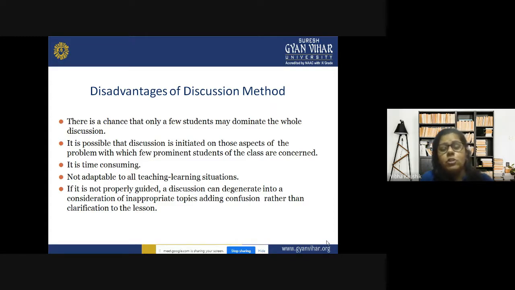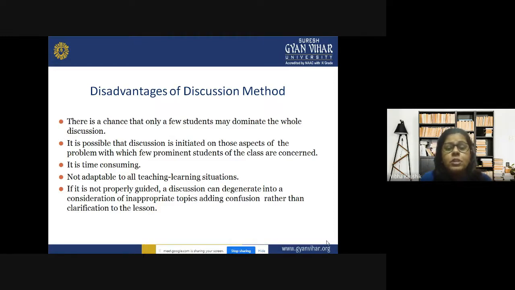If the teacher or the supervisor is not able to guide the discussion in a proper manner, a discussion can degenerate into a consideration of inappropriate topic, adding confusion. Now, if that is not properly guided, then what will happen?